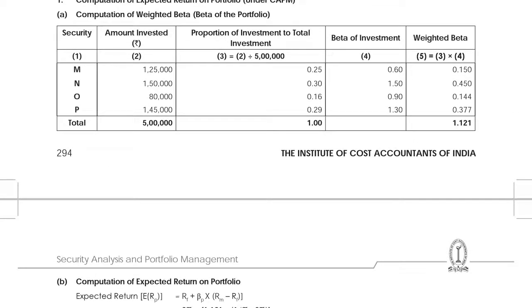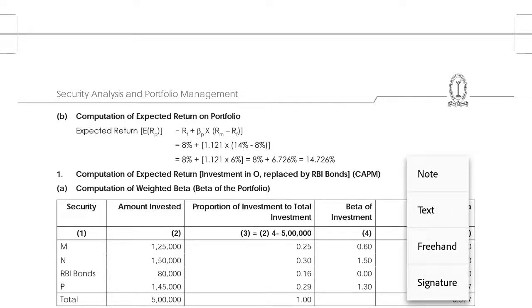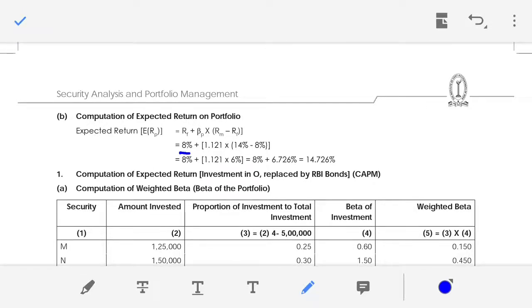That is 1.121. You understood, right? Instead of calculating individual stocks, we are combining as a portfolio and calculating. That is why we need weighted beta. Here risk-free return on RBI bonds we have 8%, and we have calculated beta value, that is plus value only, not minus.